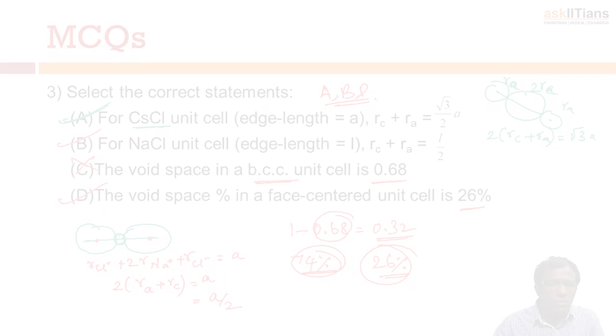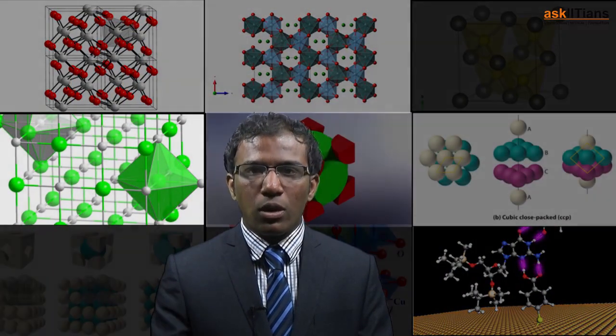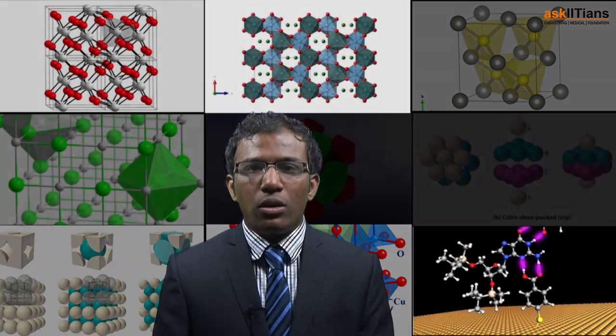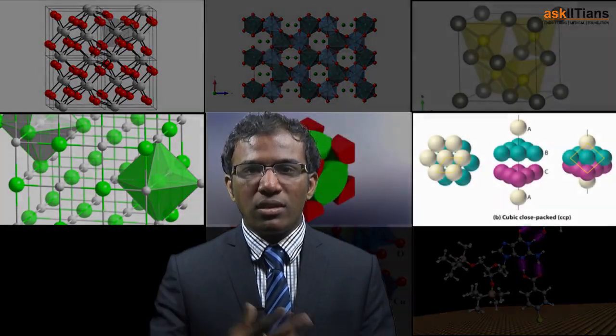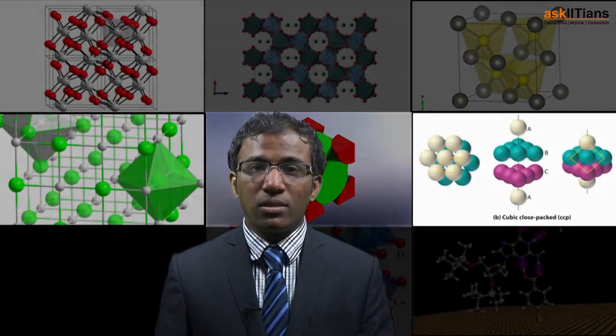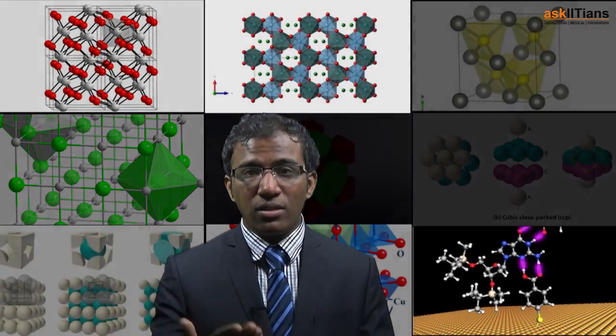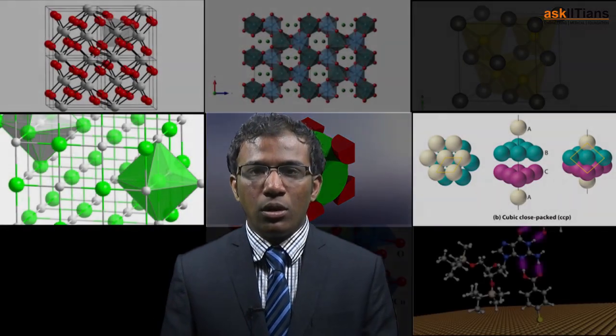Okay, so students, in this part we discussed more about voids, tetrahedral and octahedral voids. We located them, and we also discussed the size of tetrahedral and octahedral voids, and the octahedral void is bigger in size. This is the answer to the question which I raised in the intro of this particular part.